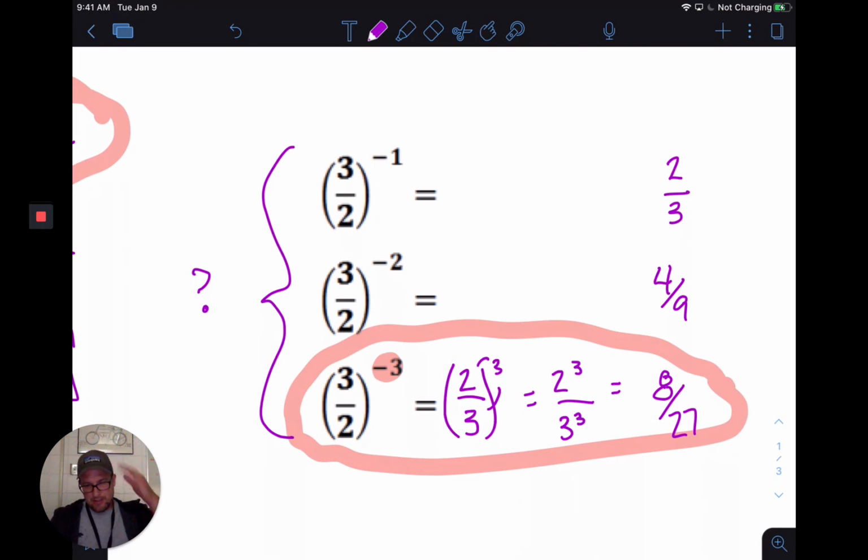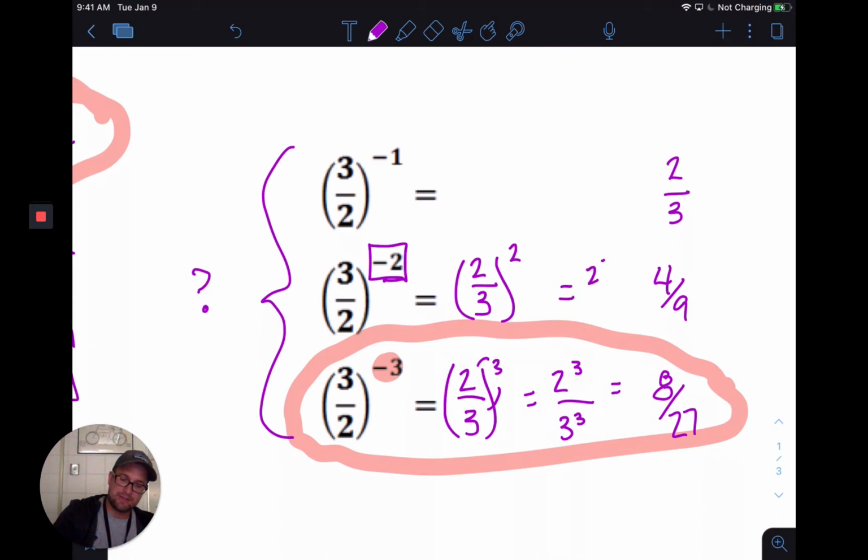Okay, let's see if that works for previous problems. So if I had, well, I see a negative exponent on the outside. What if I just flip this whole thing right now? Think about it as positive, and then if I did that, 2 to the 2nd would be 4, and 3 to the 2nd would be 9.